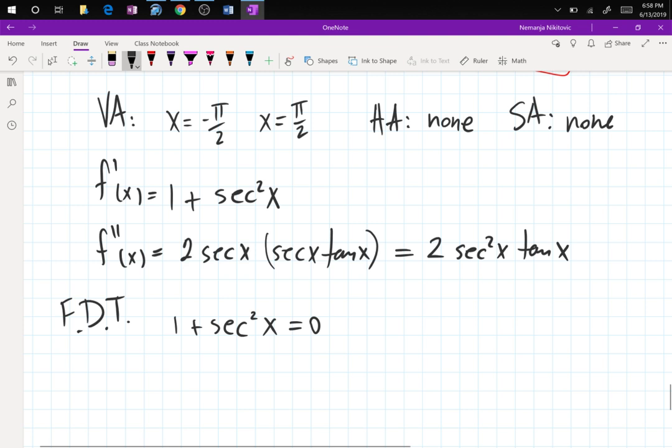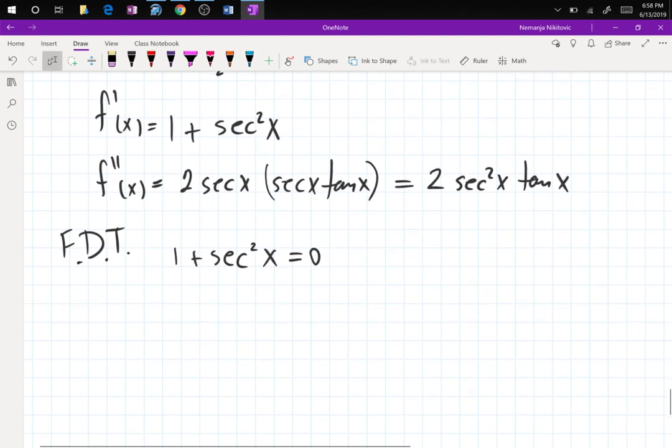If I subtract 1, I get secant squared x equals negative 1. If I take a square root, it's going to be i. So no. Well, there's probably a trig identity in there.